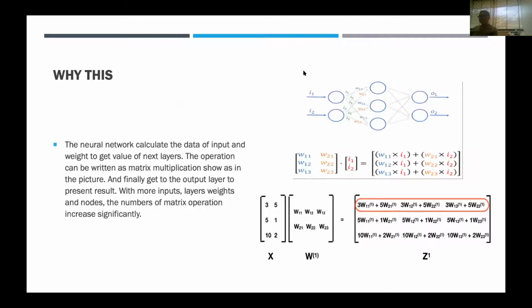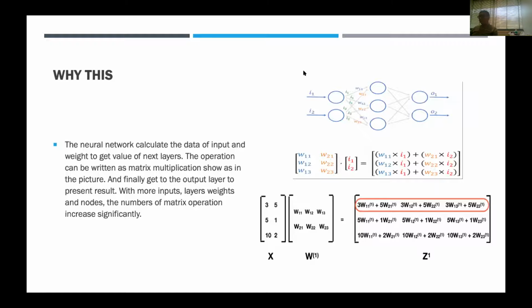Why did I choose the matrix multiplication? In a neural network, the calculation of data of input and weight to get the value to the next layer can be written as a matrix multiplication, shown in the picture.